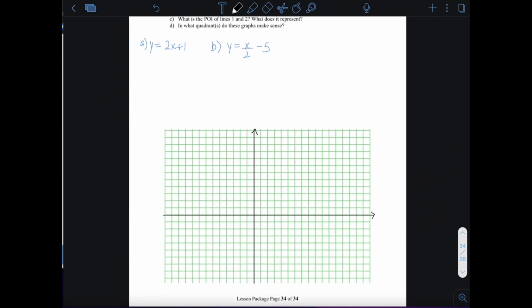All right, 2x plus 1. And x over 2, subtract 5. 1, 2, 3, 4, 5.